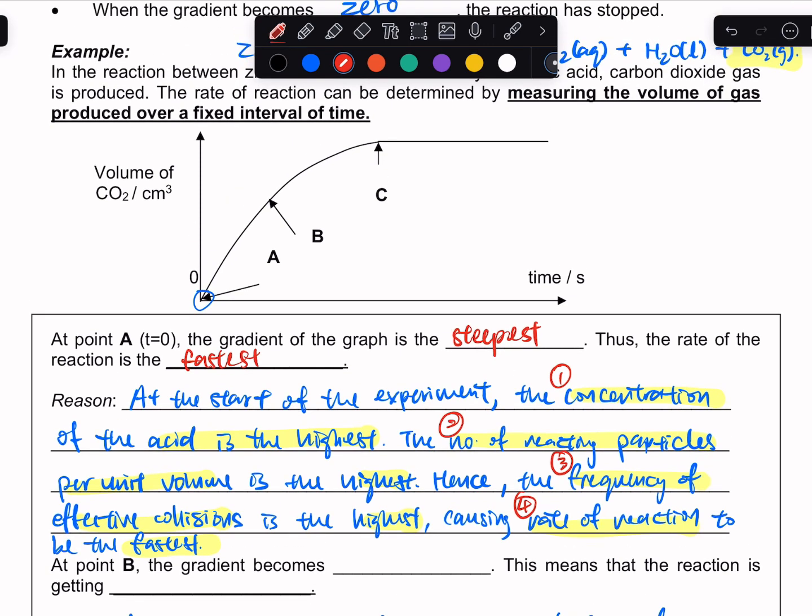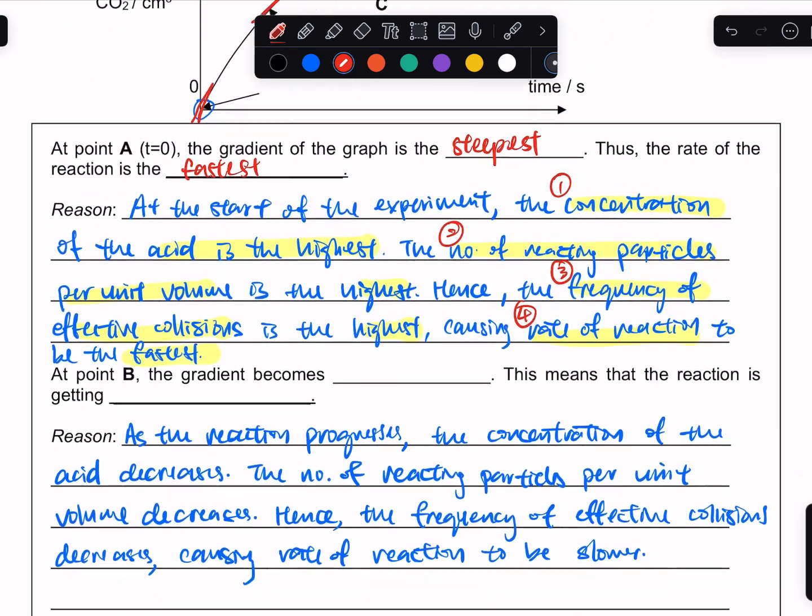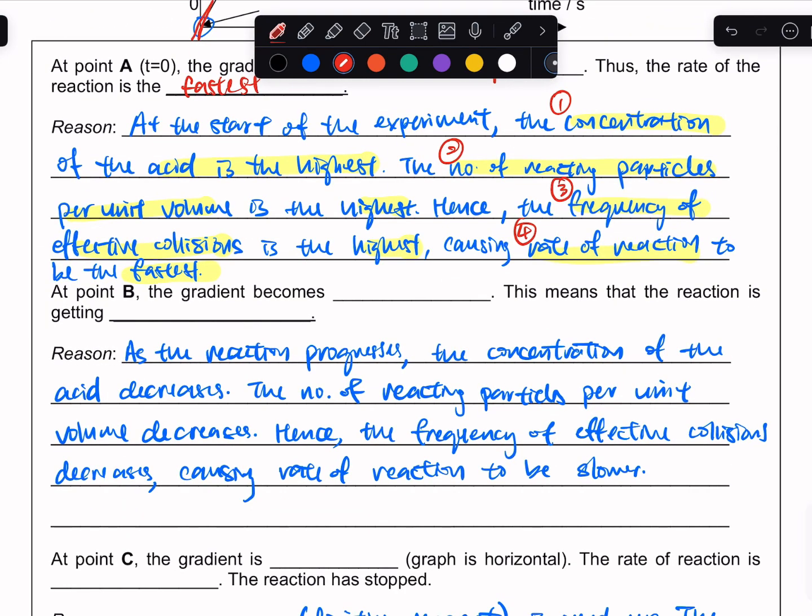Now at point B, so point A is your gradient. At point B, can you see that the gradient is now somewhat less steep? Maybe I draw it a bit more obviously. You can see that the gradient has now become less steep, or gentler.